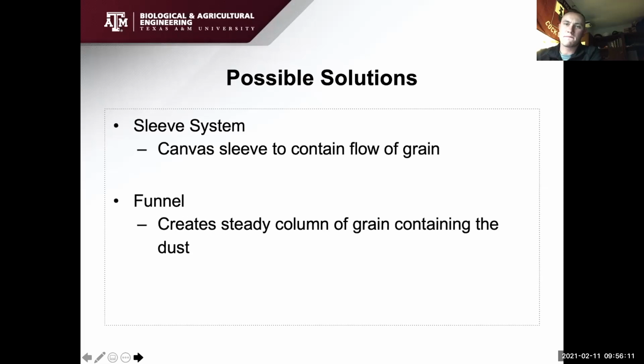Additionally, there is the possibility that we can use a funnel. This can also be used in a system with the sleeve, but the funnel creates a steady column of grain, which in itself contains the dust without necessarily needing a sleeve. Next slide.